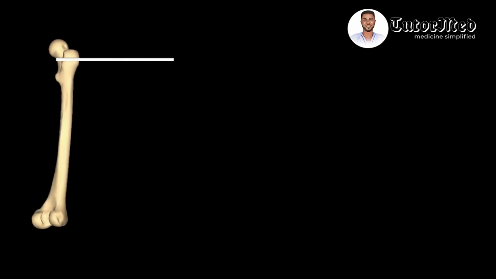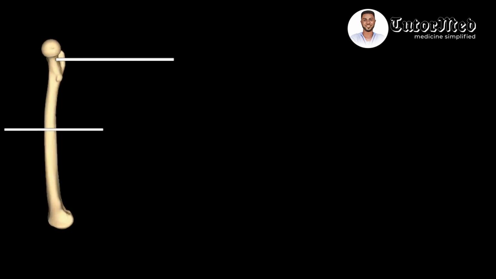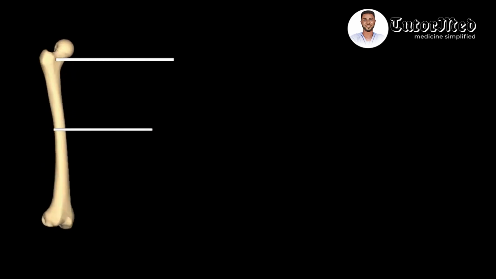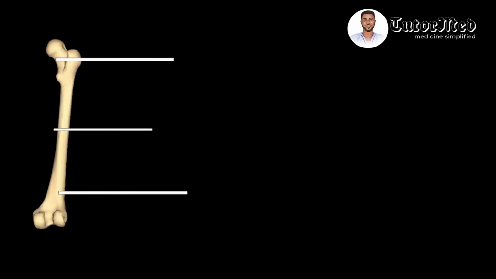Now on this slide, let's show the bone which has been fractured in this patient. This is the thigh bone, anatomically called the femur. It is the strongest long bone in the body. Fractures of the femur can occur in the neck of the femur, the shaft of the femur, and above the condyles of the femur.